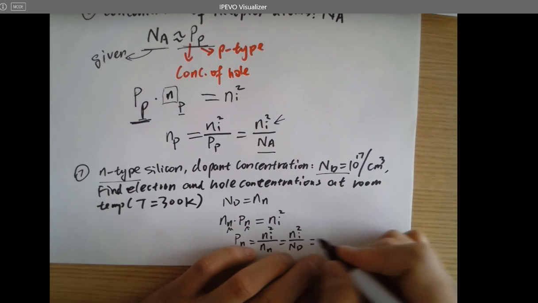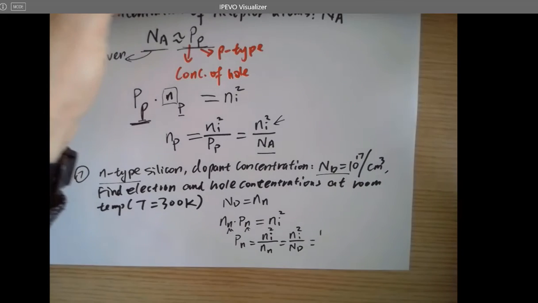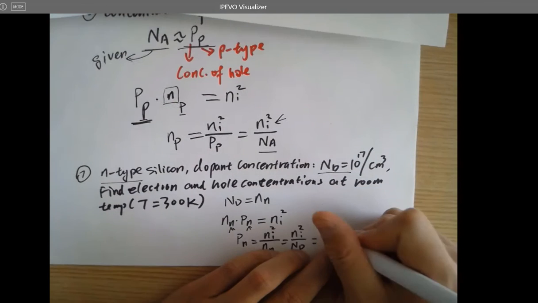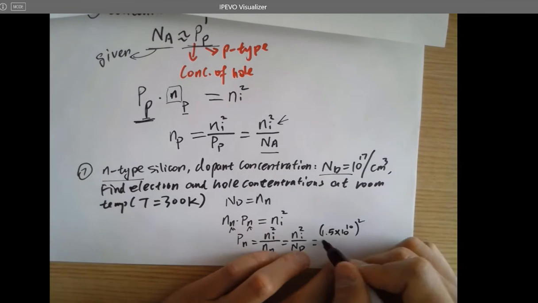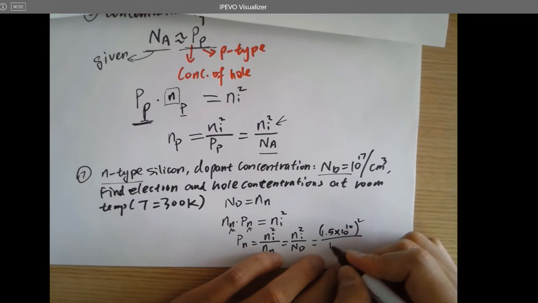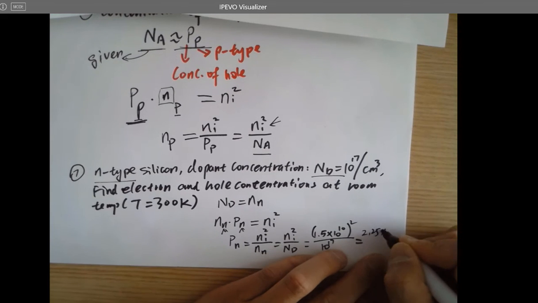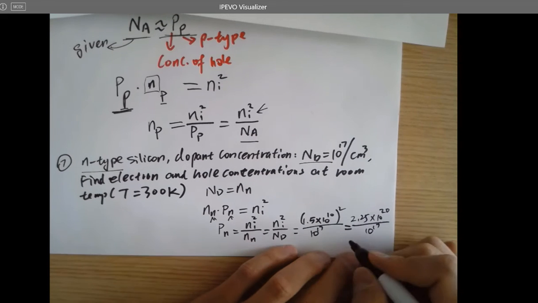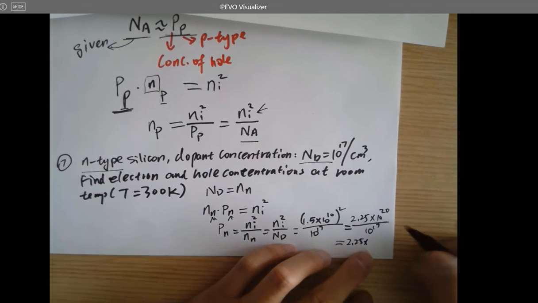And we know that Ni is 1.5 times 10 to the 10th, squared, over 10 to the 17th, which is 2.25 times 10 to the 20th over 10 to the 17th, which is 2.25 times 10 to the 3rd.